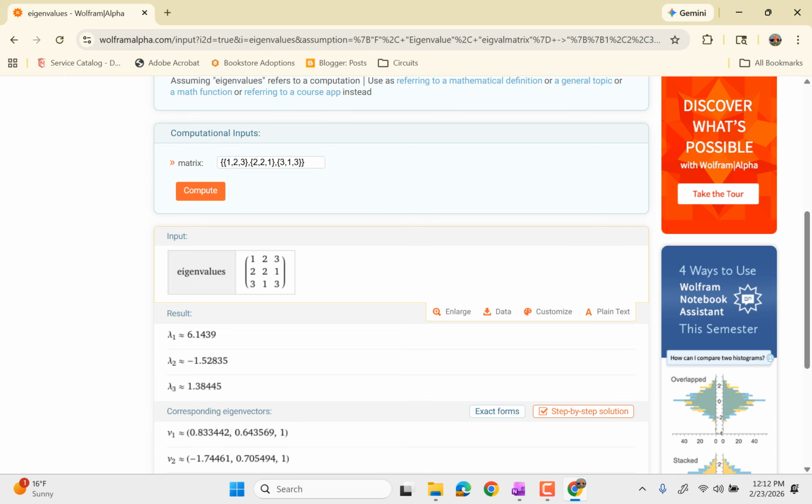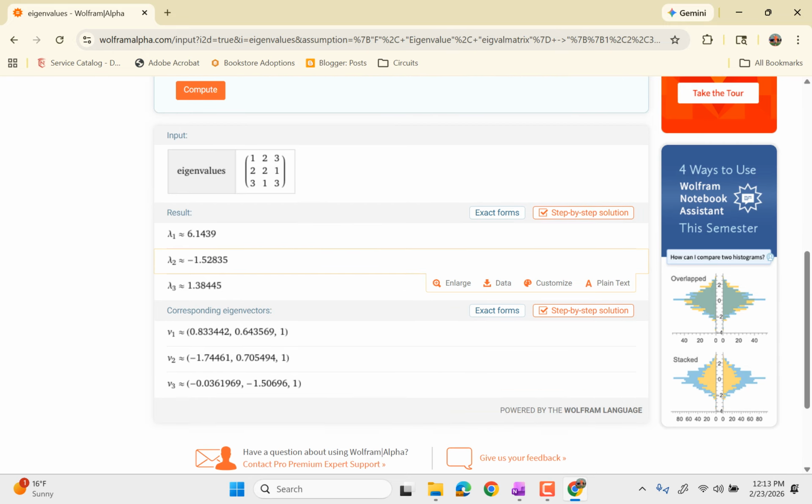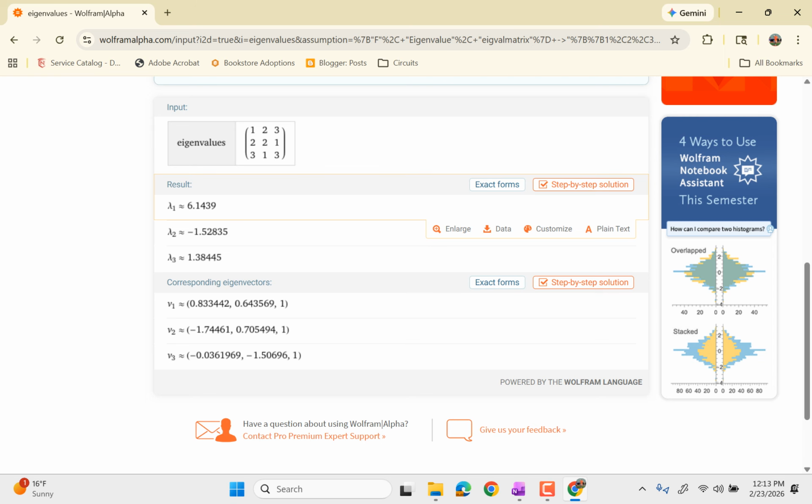So what would have happened if I had put a non-symmetric matrix into that eigenvalue calculator? Yes, exactly. You get complex roots in general. So we don't want that. So I put in a symmetric matrix and then you get all real roots. These are the three eigenvalues and these are the corresponding eigenvectors. Now I can take one of these. You might have to do it by hand, I suppose.